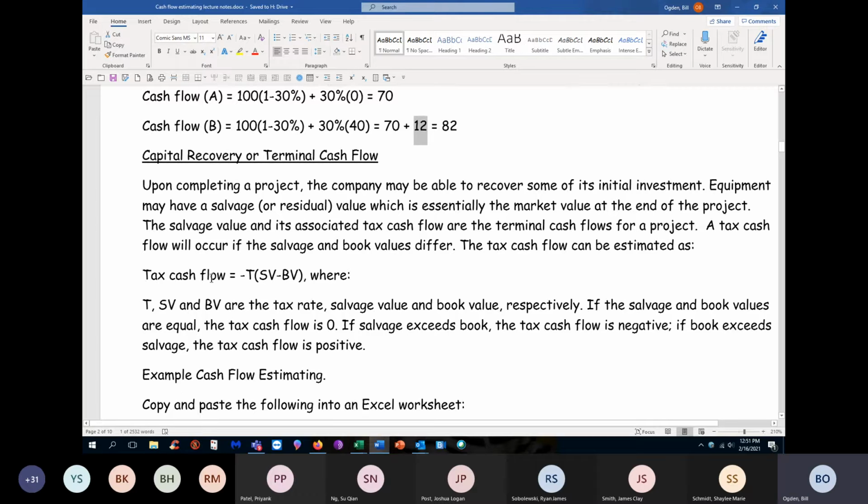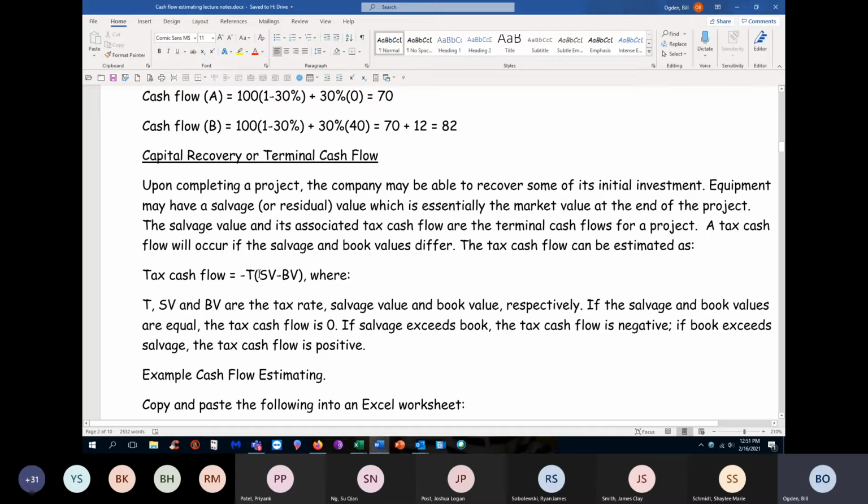And your tax cash flow, I don't say tax, do I? I say tax cash flow, because look what happens here. So I'm taking minus t times the difference between the salvage value, that's the market value, minus the book value. In other words, you would salvage it, sell it at its market value. So market minus book.